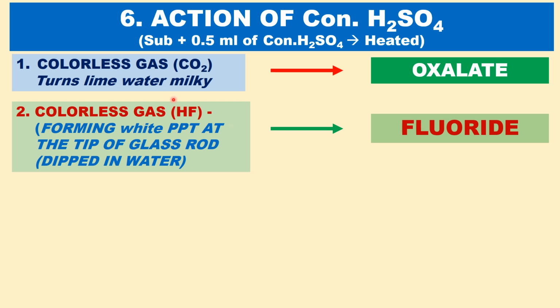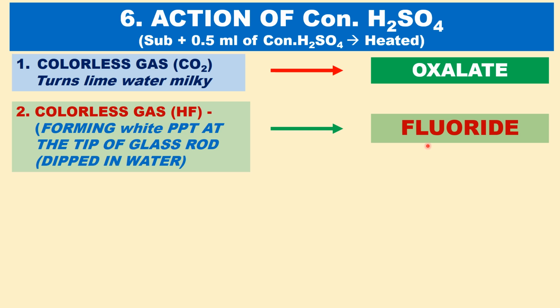Take a glass rod dipped in water and show it at the mouth of the tube where the HF gas is coming. HF will react with the SiO2, silica in the glass, to form silicic acid. That is the precipitate formed. So the fluoride is present.